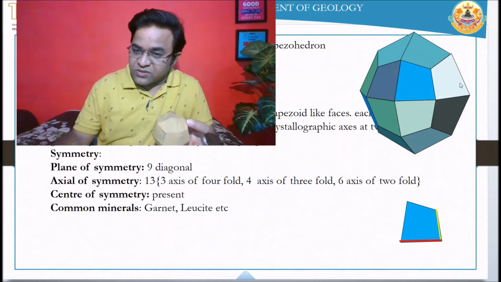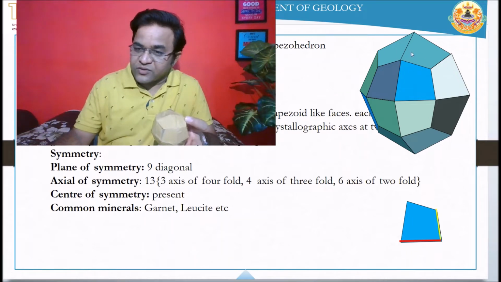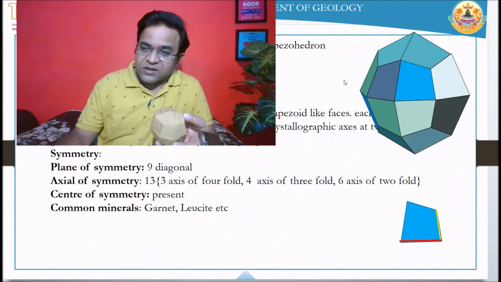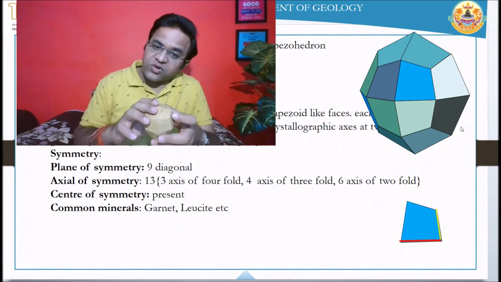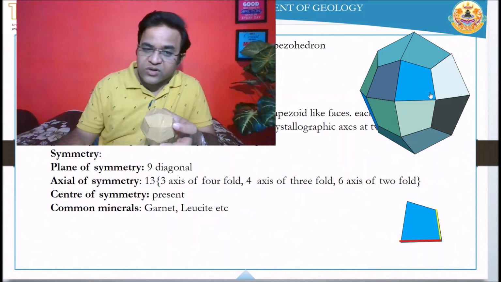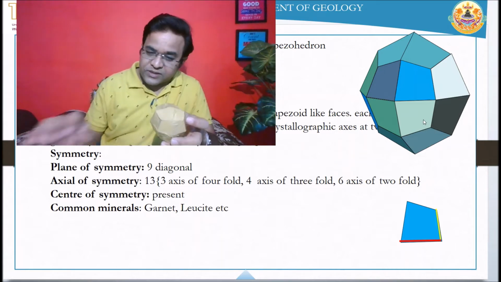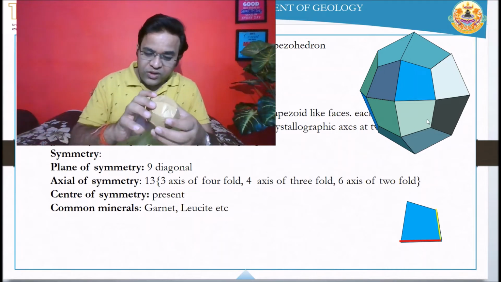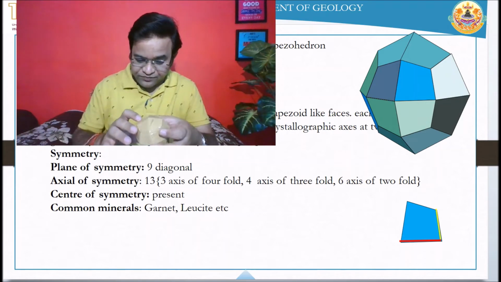So this point, you have how many? Total 12. How? 1, 2, 3, 4, and this one 5, 6. Again here and here. This is only showing the front face, so you will get a total of 6 in this, you can see.